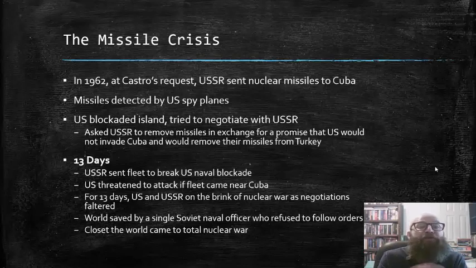This was the closest the world ever came to total nuclear war. Luckily, cooler heads prevailed, and at the end of this 13-day period, the Soviet Union agreed to rescind the fleet and turn it back to the Soviet Union, and the United States agreed to remove their missiles from Turkey and to not invade Cuba.